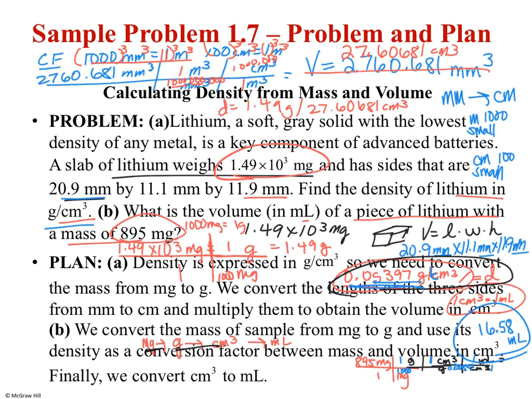What did we say A was? Oh, well, obviously here, 0.0539. Let me just check this real quick. 895 divided by 1,000, milligrams into grams, and then that's divided by 0.05397. 16.5.